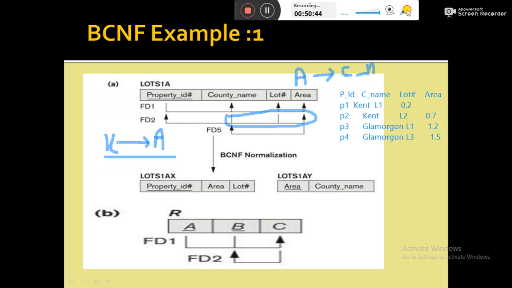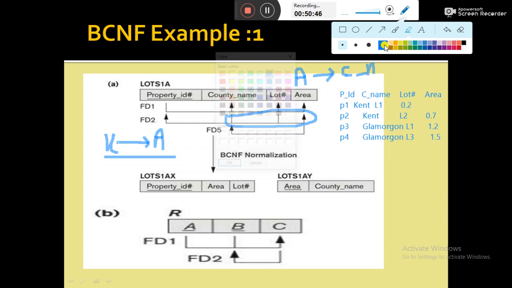Let me draw it. Here A is for area, not SK. SK is for super key. So area is not a super key. So if X is not a super key, for that FD5, this is not in BCNF.